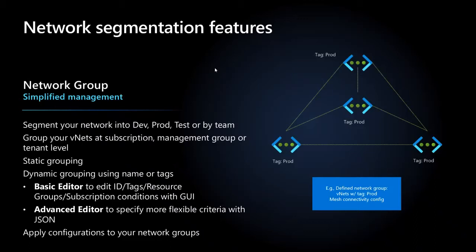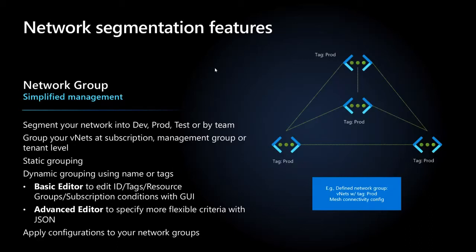Static grouping means you can specify the groups based on the selection of VNets explicitly. For example, you can say virtual networks A, B, C should be in network group 1.